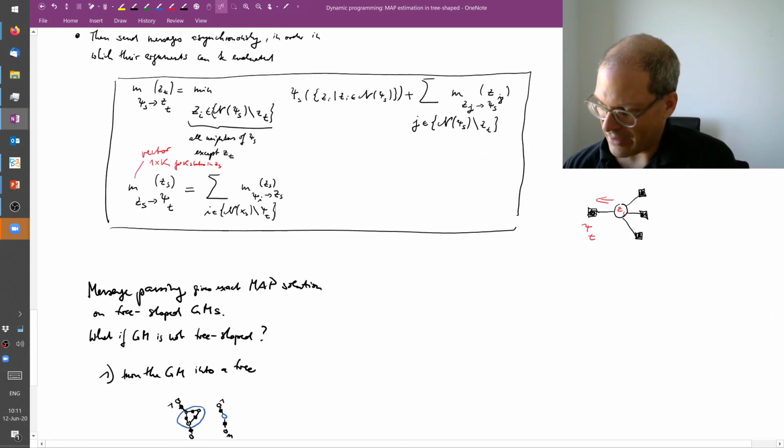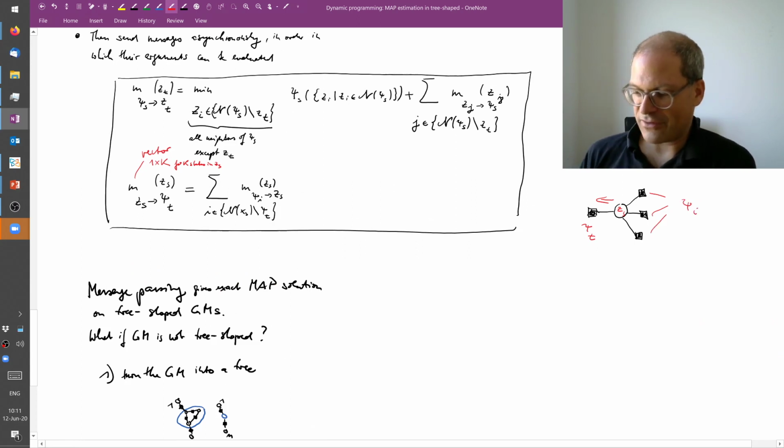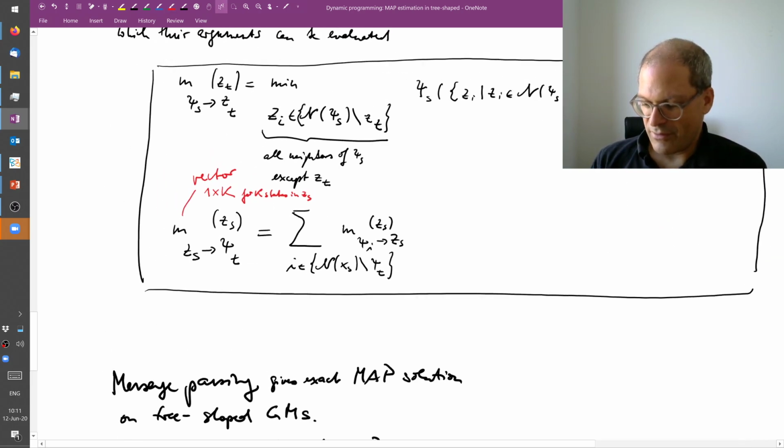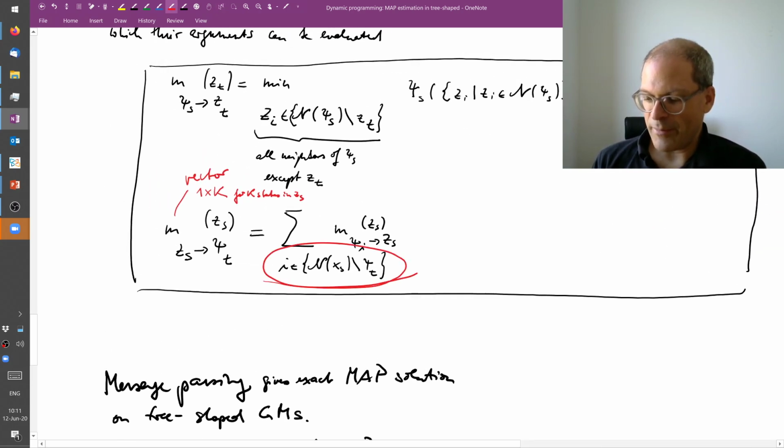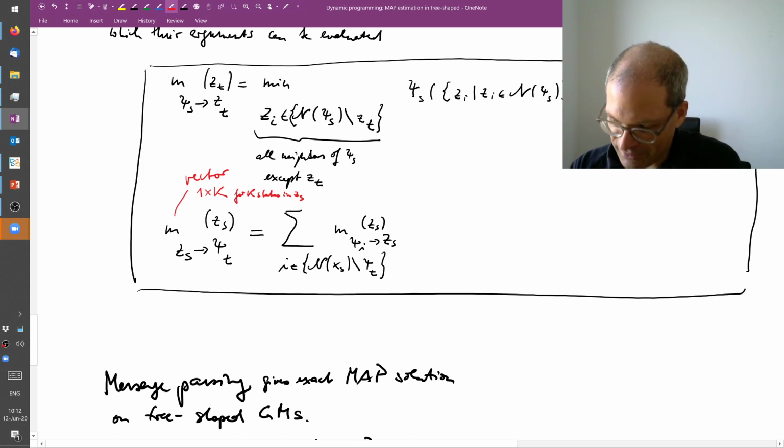On the right-hand side, these three here are these factors psi i, and what we say down here is we're summing over all factors psi i in the neighborhood. So script N here says in the neighborhood of a variable zs. This should be a z, excuse me.